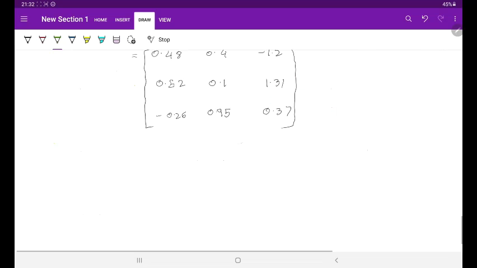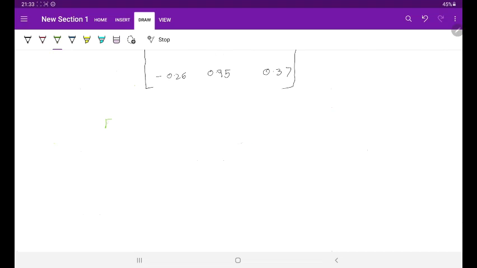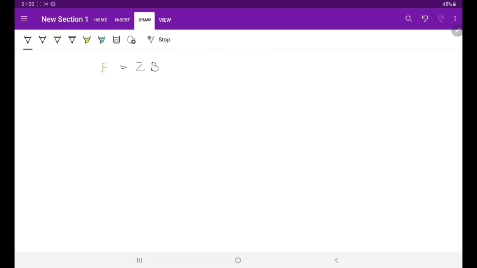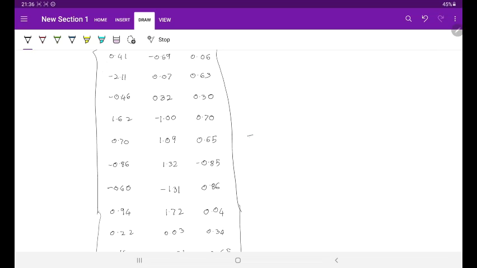Now we are going to compute F, which is equal to Zset into B. We have explained both the matrices above. The columns of this matrix are principal factors. This would be the matrix F, which is equal to Zset B.